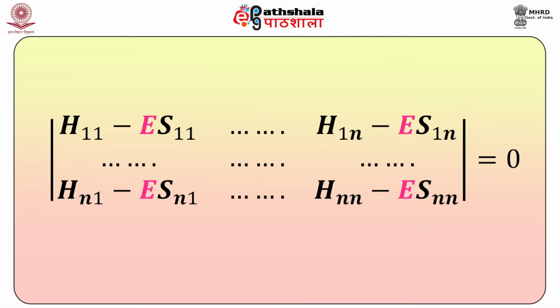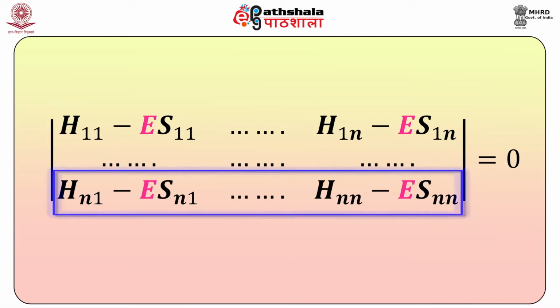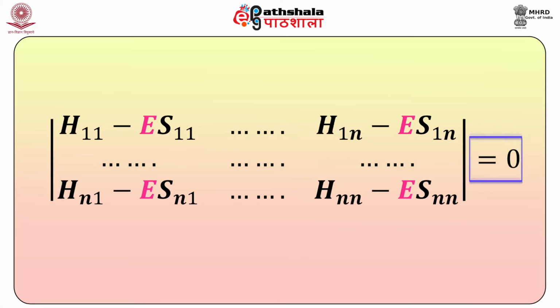And similarly, we have the last row, which is Hn1 minus ESn1, and the last element in this row is Hnn minus ESnn, and that's equal to 0. So that's basically the secular determinant. So now the next step is how to solve this secular determinant.